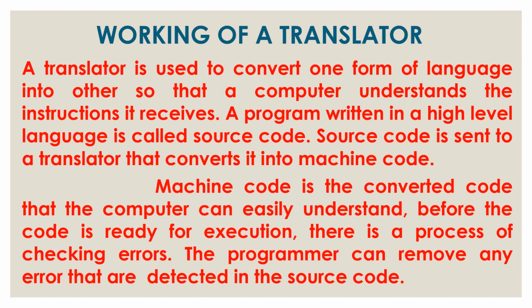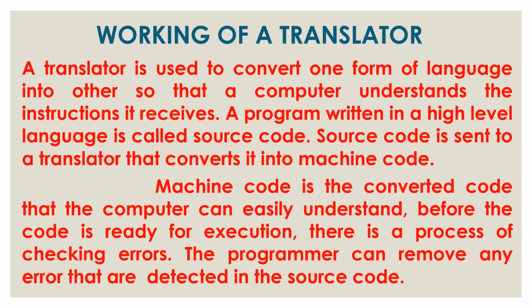Working of a translator. A translator is used to convert one form of language into another so that a computer understands the instructions it receives. A program written in a high-level language is called source code. Source code is sent to a translator that converts it into machine code.